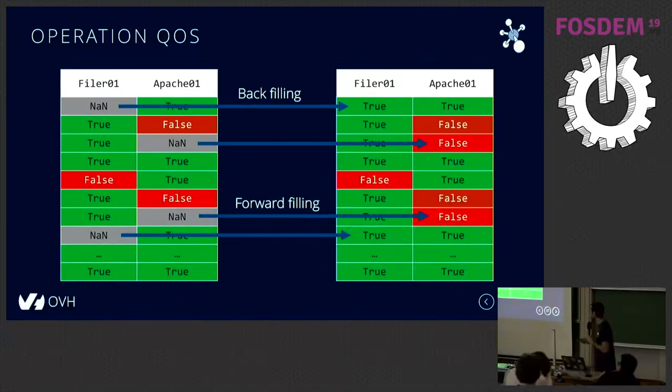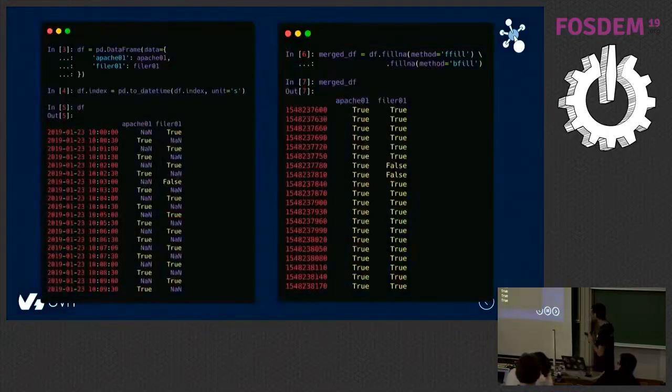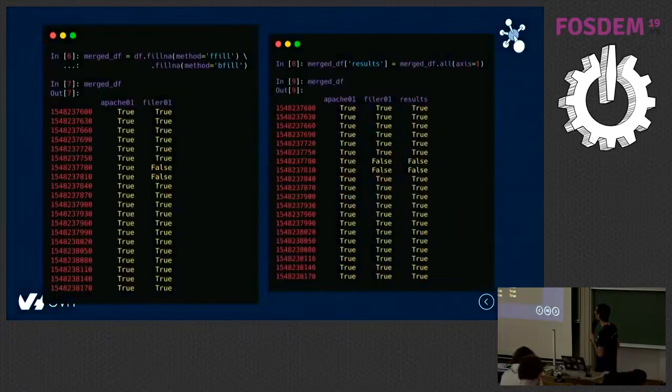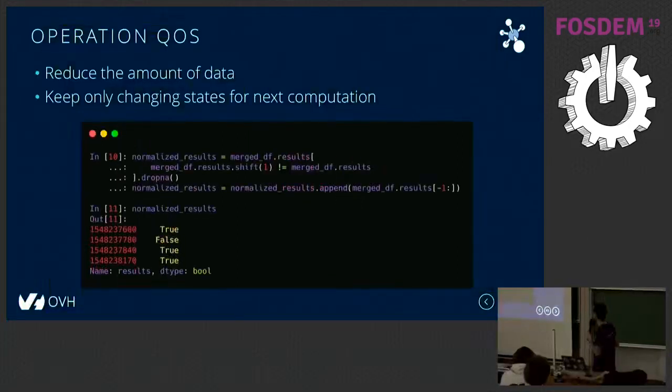Then we don't have any more gaps, it's good. And we can apply the AND operation between the columns, and we can have this result for example.com. So in Pandas, you have a data frame with full rows, with no gaps, and the AND operation.